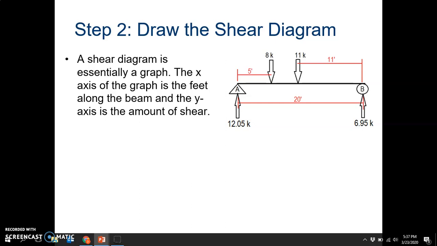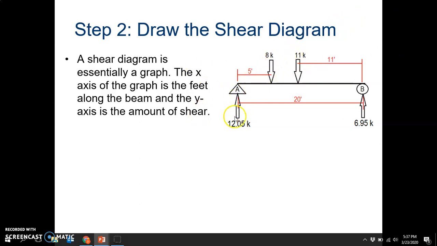A shear diagram is essentially a graph, XY. So you know your little XY graph, you have your Y going vertically, your X going horizontally. The X-axis of the graph is the feet along the beam, and the y-axis is the amount of shear. So let's look at your free body diagram.